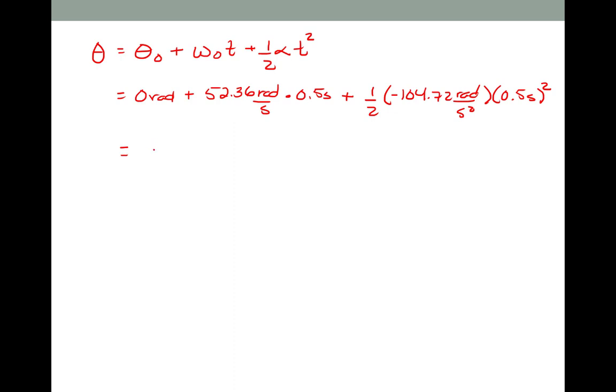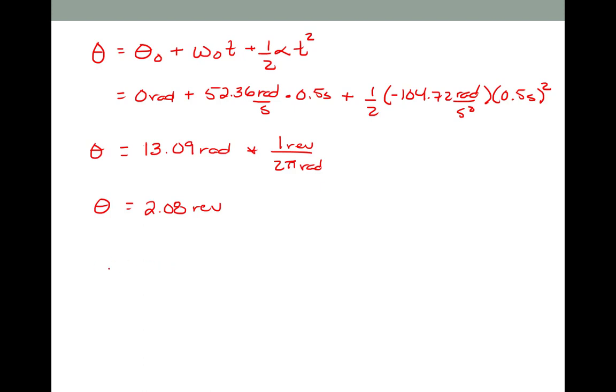Multiplying and adding as appropriate, this works out to be a change in angular position of 13.09 radians. And again, converting radians to revolutions, because that is what is requested in the problem, gives me that the CD completes 2.08 revolutions.